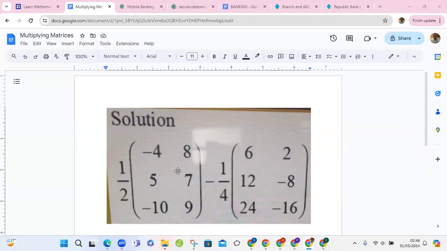Here we are going to demonstrate how to solve this problem. As we can see, there are two matrices, and both of them are 3 by 2s, meaning 3 rows and 2 columns. One is being multiplied by a half, while another is being multiplied by -1/4.